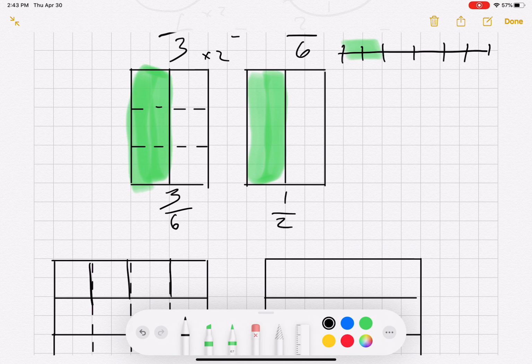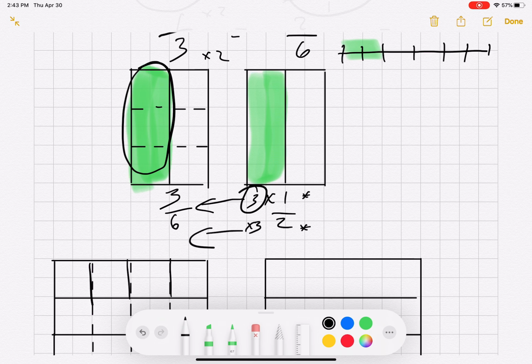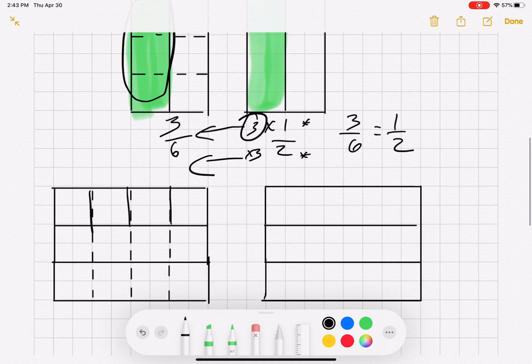And how many times have we divided this section? We've divided it 3 times, so this would be multiplied by 3, multiplied by 3, because one of the rules that you're going to learn is whatever you do to the numerator, you do to the denominator. So multiplied by 3, notice that it equals 3/6, and 3/6 is equal to 1/2.